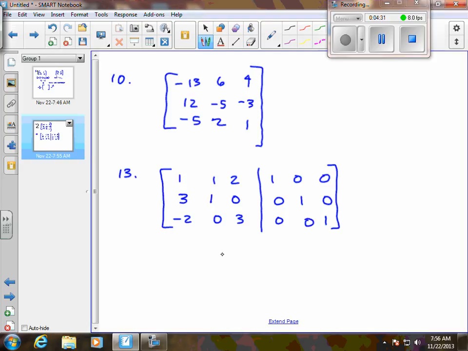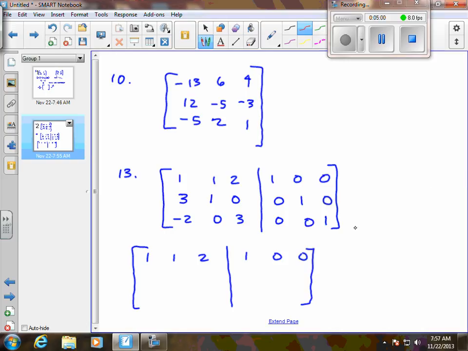Okay, so the deal is we want to get ones on the main diagonal, zeros everywhere else. Start with column 1 and convert that top number to a 1. It is already a 1, so that step is complete. My next step is to change the 3 to a 0.